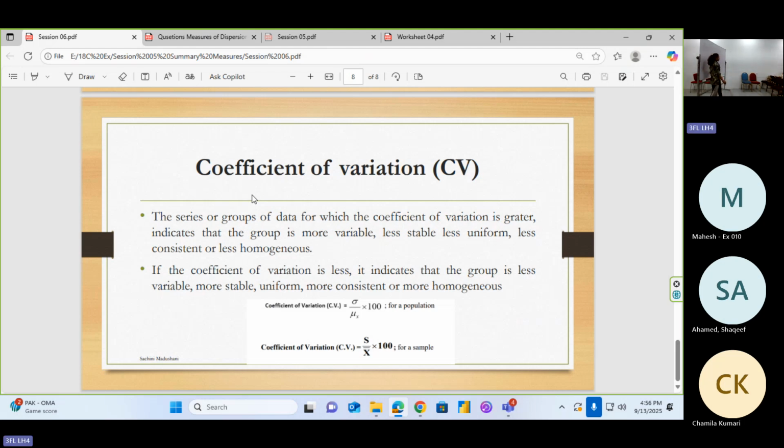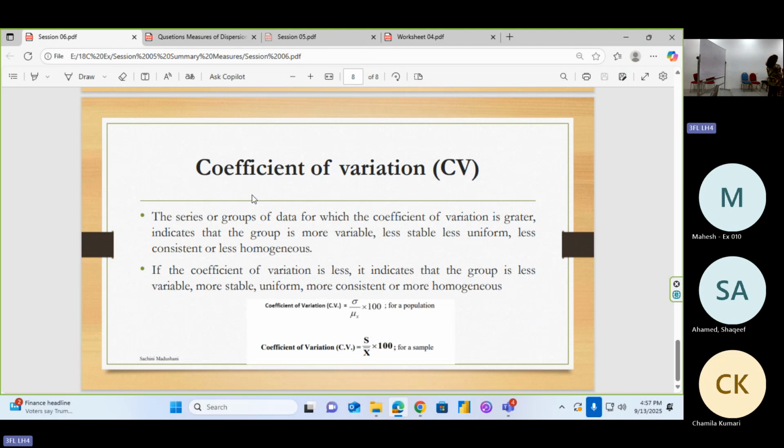If the CV is low, variability is low. When the coefficient of variation is high, it means variability is high and consistency is less. The coefficient of variation and the variability have a positive relationship. So when the CV value is high, variability is high and consistency is less.